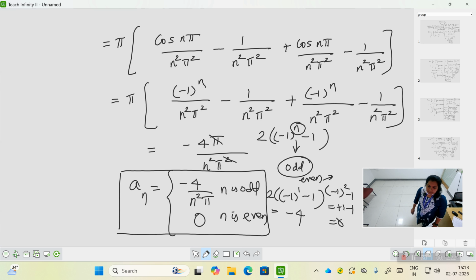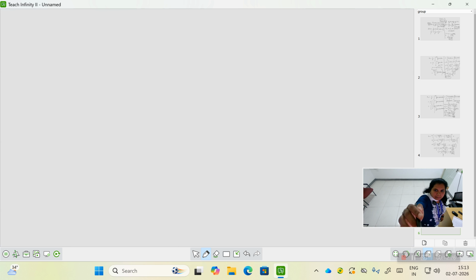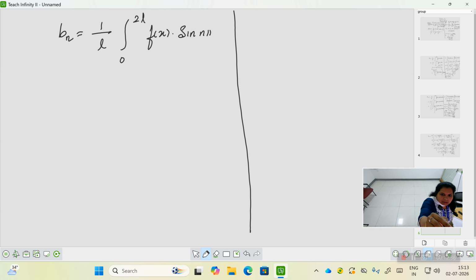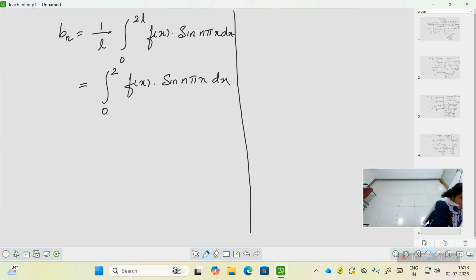Okay. So next we will calculate bn. What is the value for bn? So bn is same like that, 1 by L, 0 to 2L, f of x sin n pi x dx. Okay. So you know the value for L is 1. Similarly, 0 to 2, f of x sin n pi x dx.